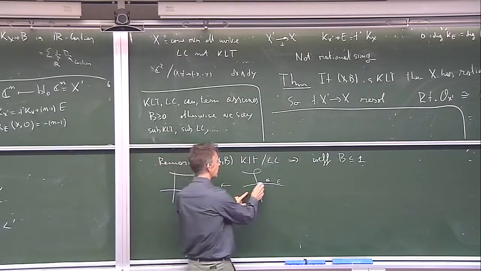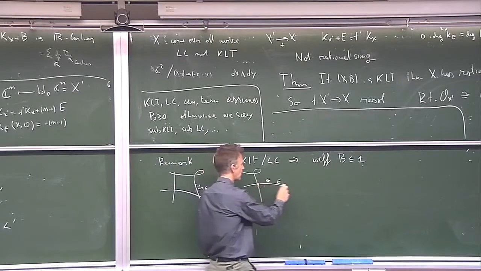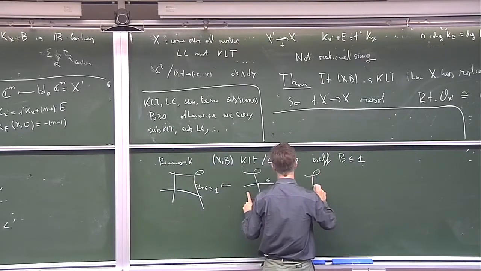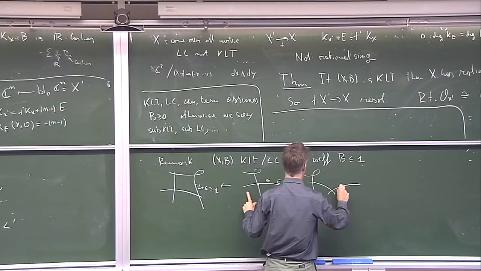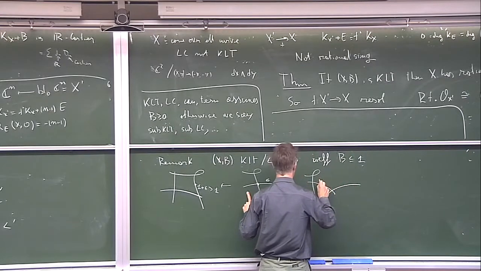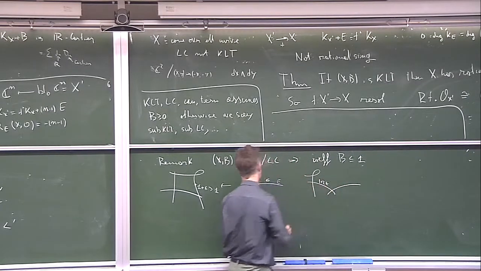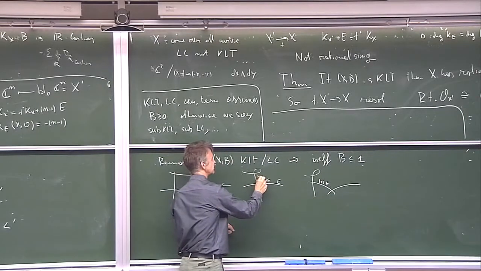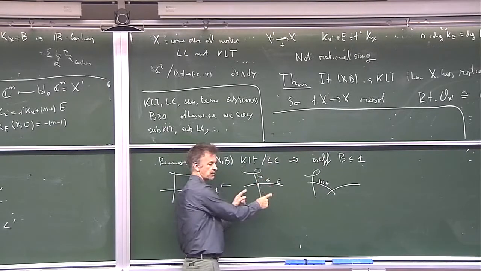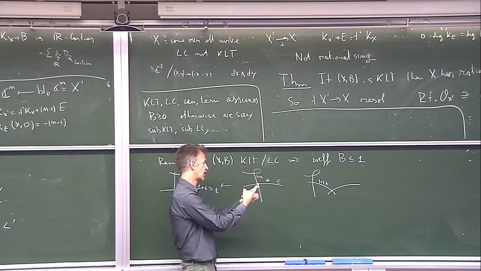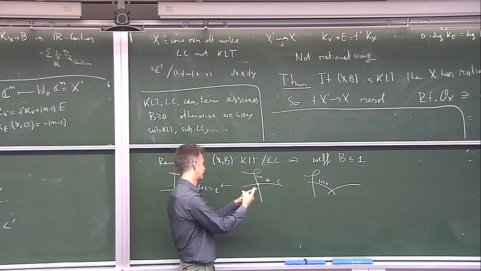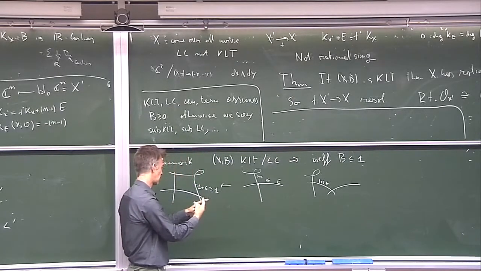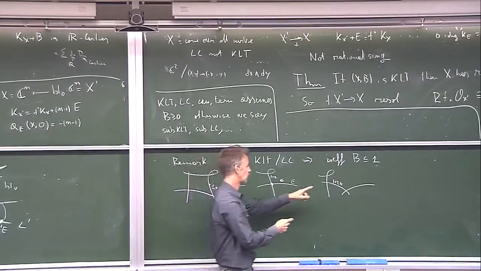But now I blow up this common point here. When I blow up that common point, I get a new exceptional divisor. And this one appears now with coefficient 1 plus 2 epsilon. Because this one had coefficient 1 plus epsilon. So I wrote down the wrong thing.